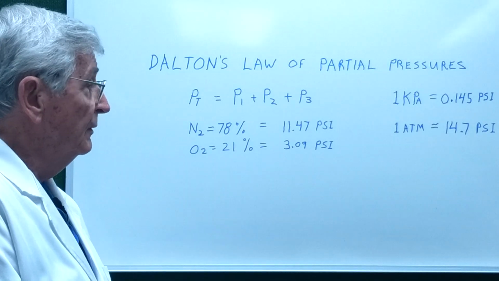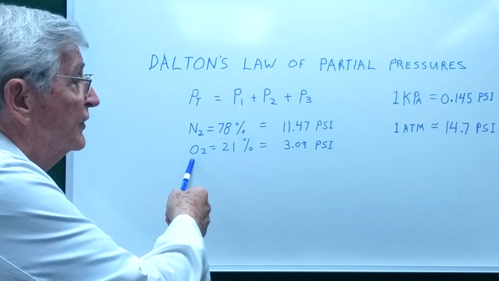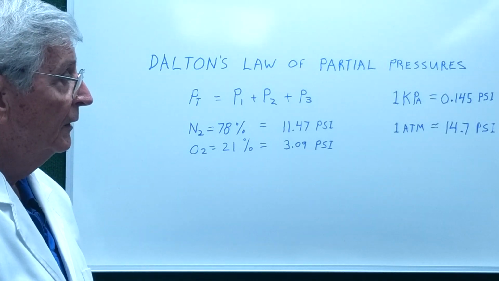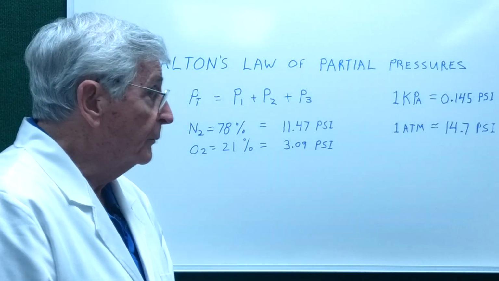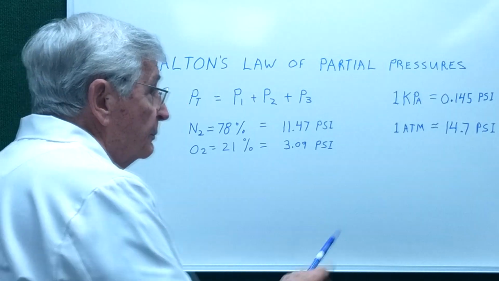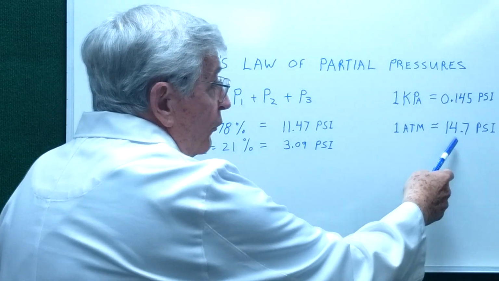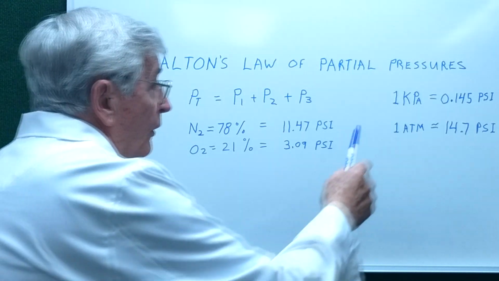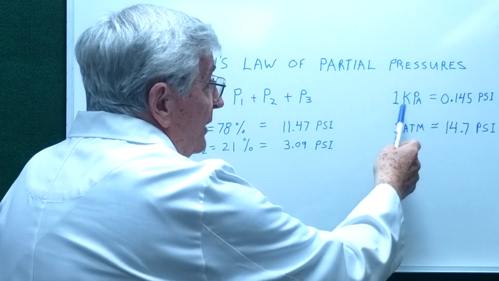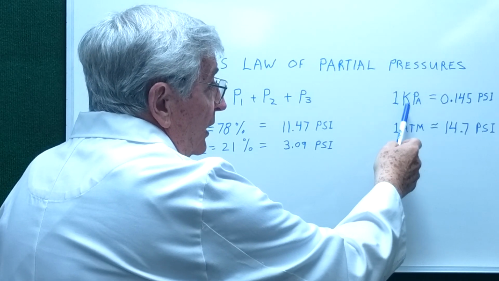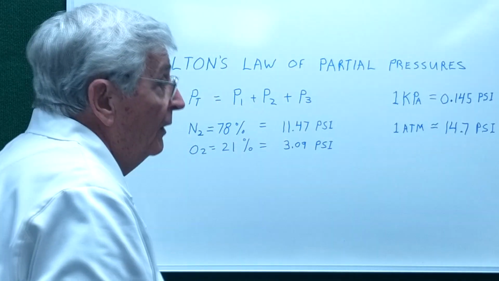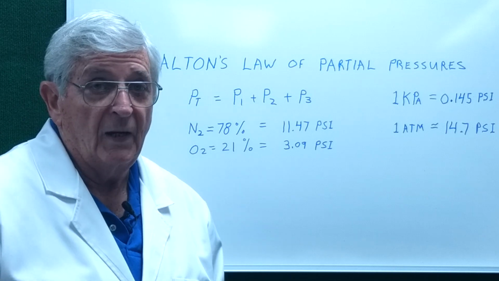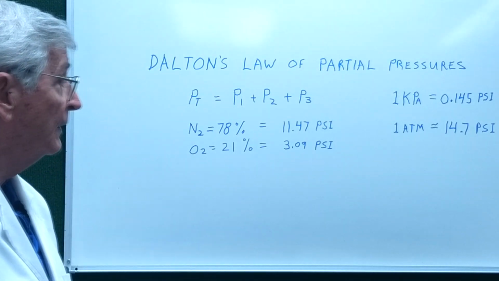78% nitrogen and 21% oxygen. Now, nominal atmospheric pressure in terms of pounds per square inch is 14.7 psi. And for the metric people, 1 kilopascal is equal to 0.145 pounds per square inch.